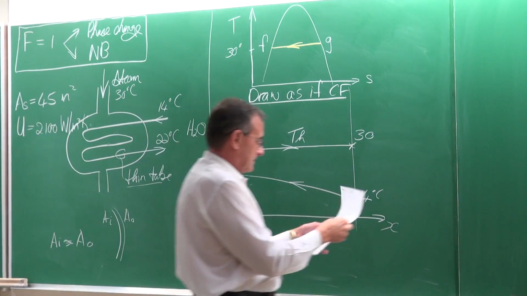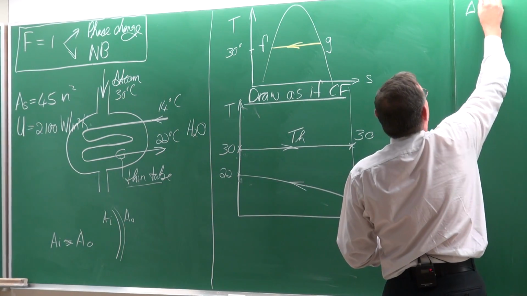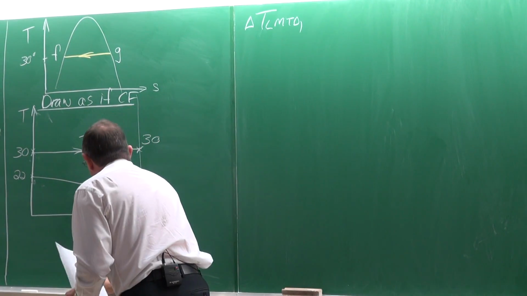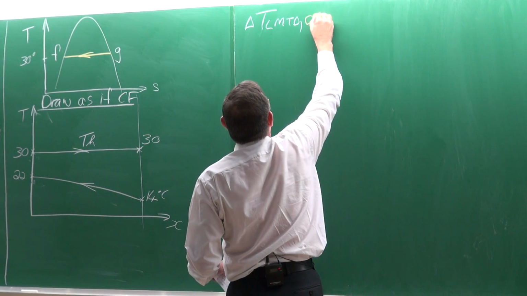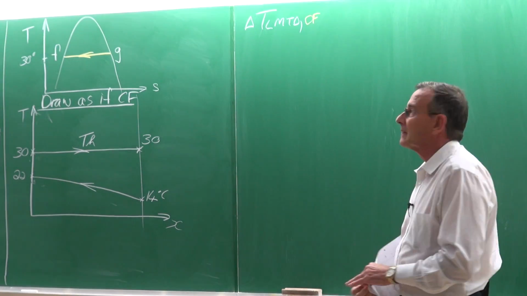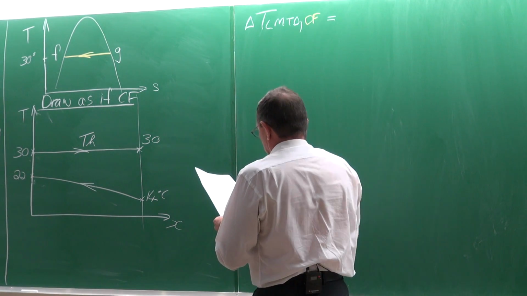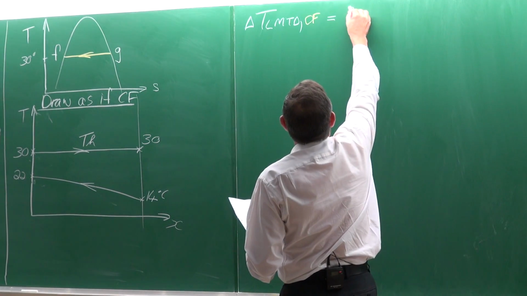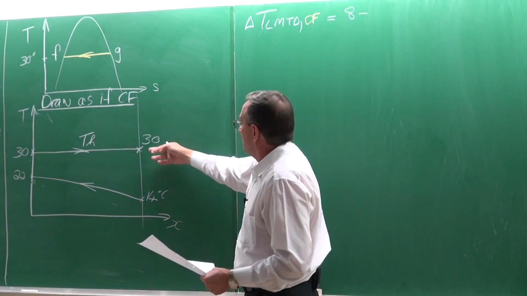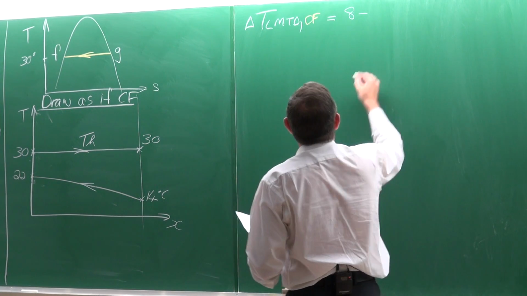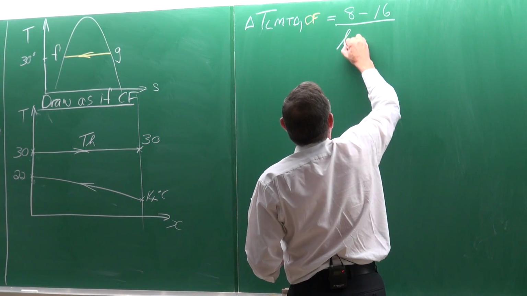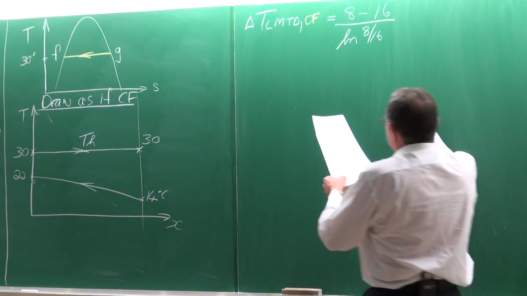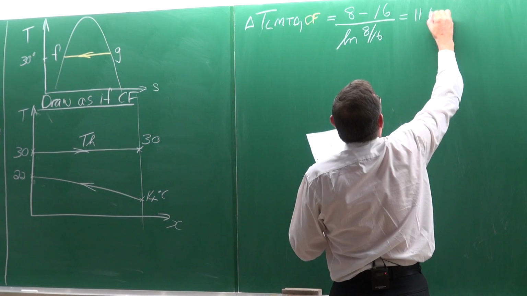Okay. So therefore we can now say the LMTD, as if this heat exchanger is a counterflow heat exchanger, is equal to 30 minus 22 is 8, minus 30 minus 14 is 16, over the natural log of the ratio of the two temperature differences, which is 11.15.